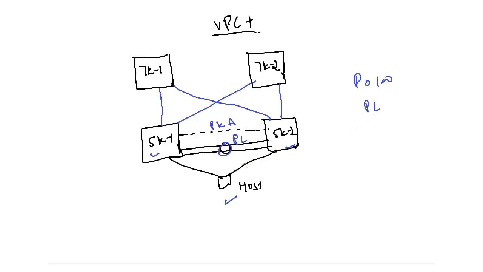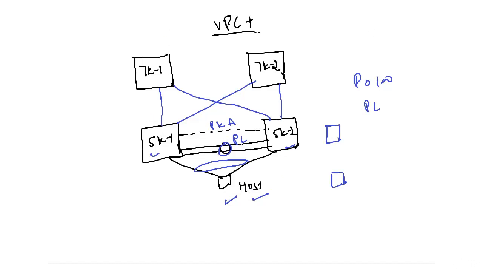After that, 5K1 and 5K2 will appear as a single device logically from the point of view of this particular host. So first of all, let's concentrate on the VPC front.